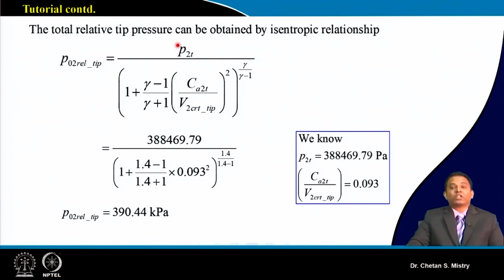It says this is my P2, which we have calculated, divided by 1 plus gamma minus 1 divided by gamma plus 1, which is nothing but my critical Mach number square, to the power gamma over gamma minus 1. These numbers are all known to us, so we can calculate my total pressure at the tip, and that comes to 390.44 kilopascal.